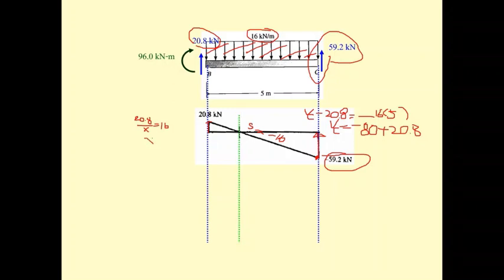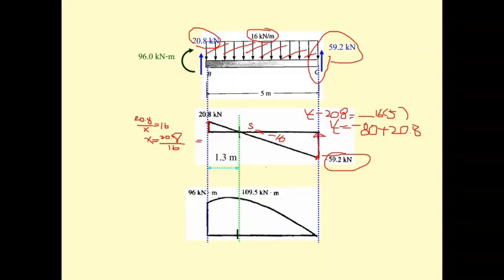So if you move x up, this one is going to be 20.8 divided by 16, and then you're going to get 1.3 meter. Okay, you get everything. That is going to be your shear diagram.